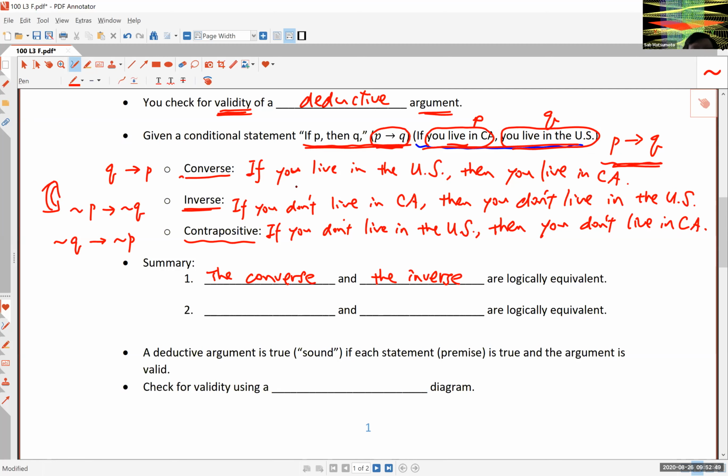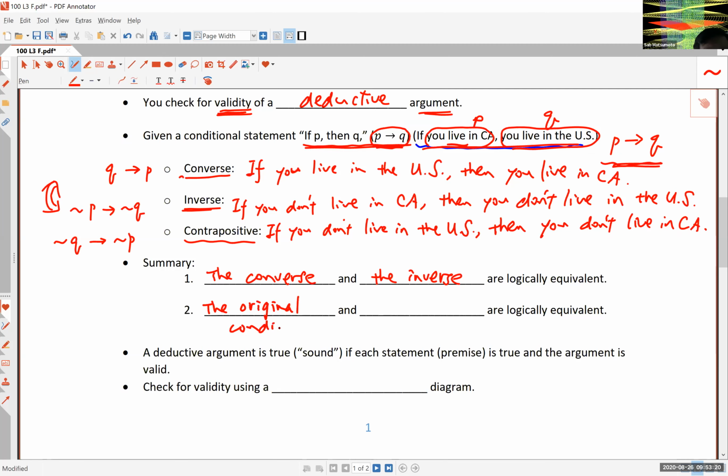So the converse, if you live in the US, you live in California, is not true because there are 49 other states. The inverse will say, if you don't live in California, then you are not living in the US. And people say that's not true for the same reason, there are 49 other states. So they turn out to be logically equivalent to each other. And then the conditional, the original statement.